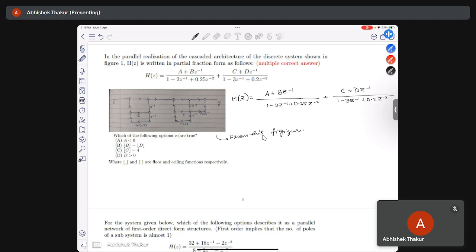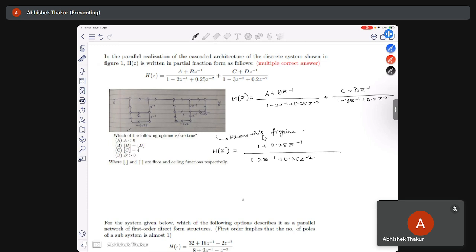So when we get the transfer function from this figure, H of z will become (1 plus 0.25 z inverse) divided by (1 minus 2z inverse plus 0.25 z to the power of minus 2).